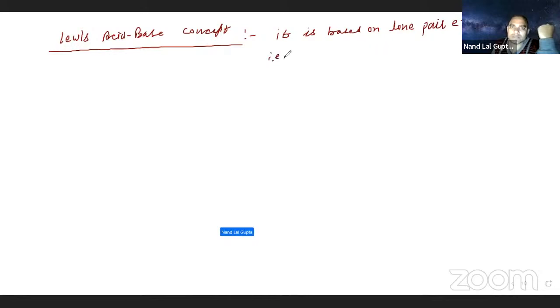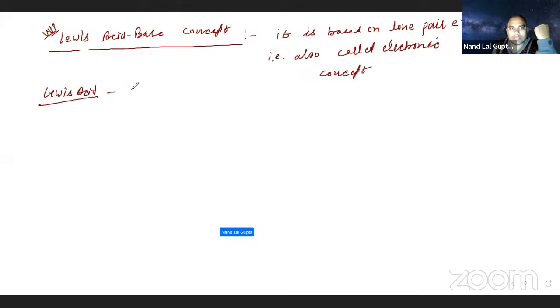That is also called the electronic concept, and this is very, very important. What is a Lewis acid?